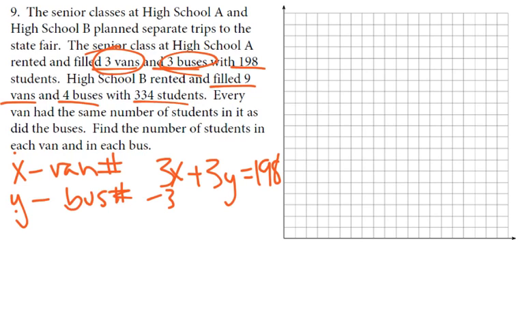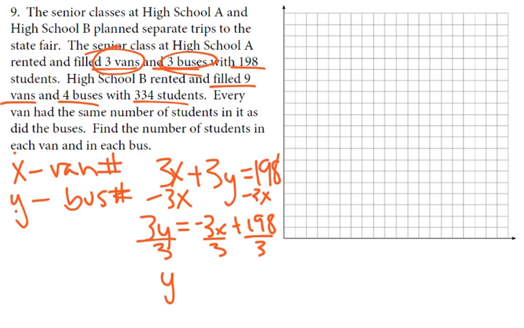Okay, so subtract 3x, we get 3y equals negative 3x plus 198, divide by 3, and we get y equals negative 1x plus 198 divided by 3 is what, 66? 18, 19, yeah. Okay, see now that one's fairly easy to graph, even though going clear up to 66 is going to be troublesome with our graph. But let's try the next one.